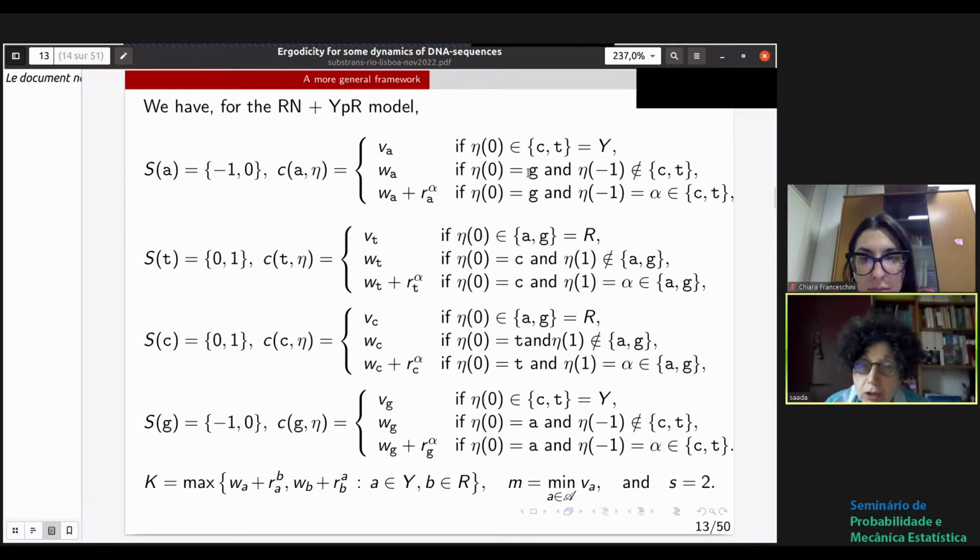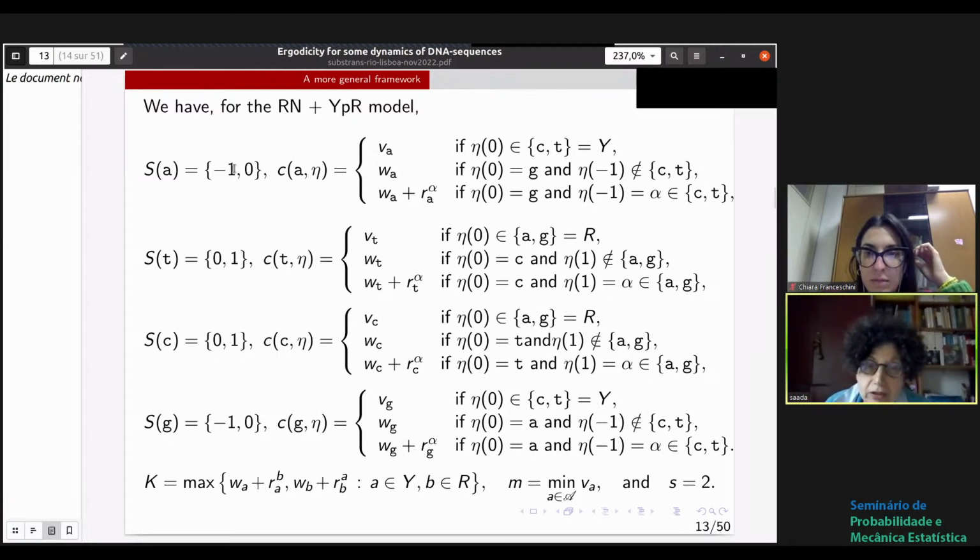So we have to look on the left to look at the Y value. Either eta at site -1 is not a C or a T, and then the rate is WA, or it is either C or T, and then we have WA plus this additional rate R_{A,alpha}.